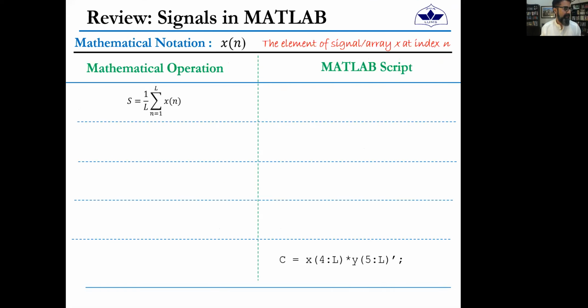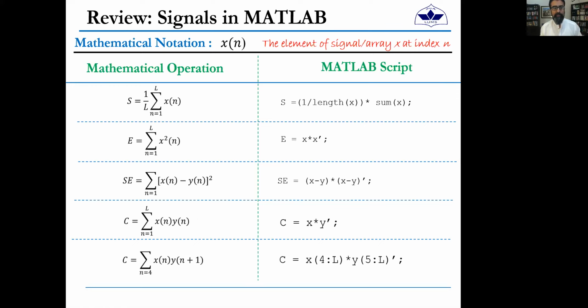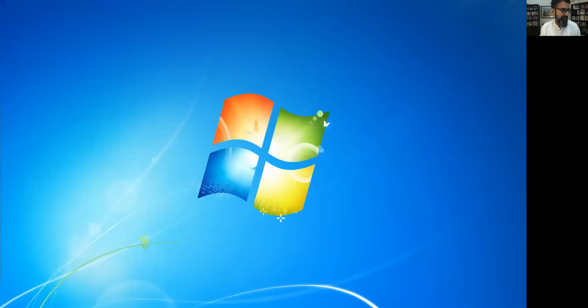Right, so here's a correction. Right, so now you get it. So Iman, this is x of n.